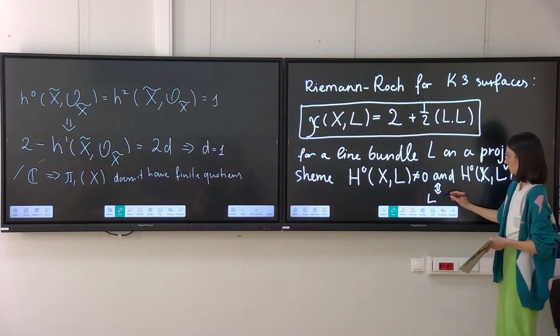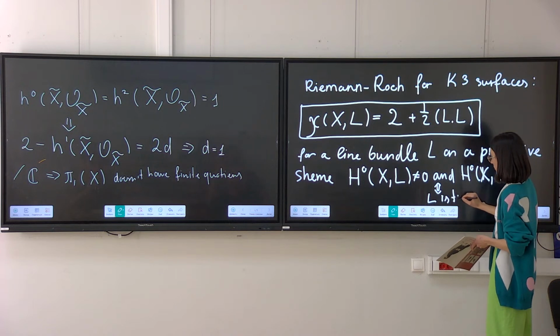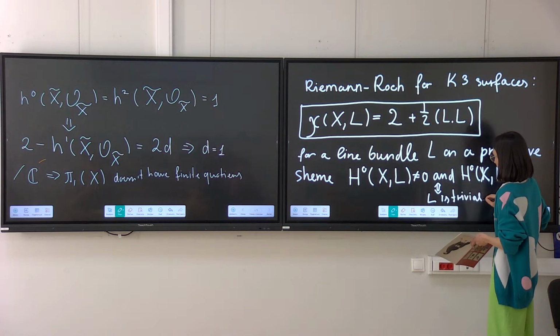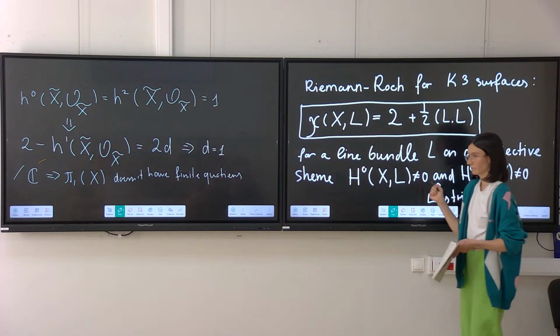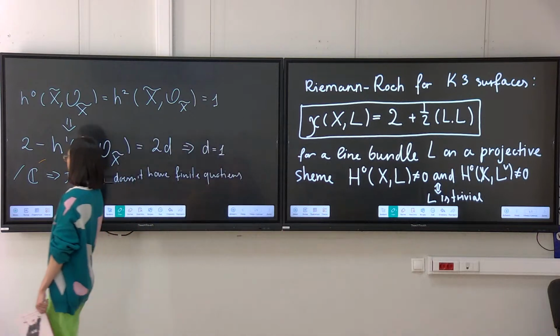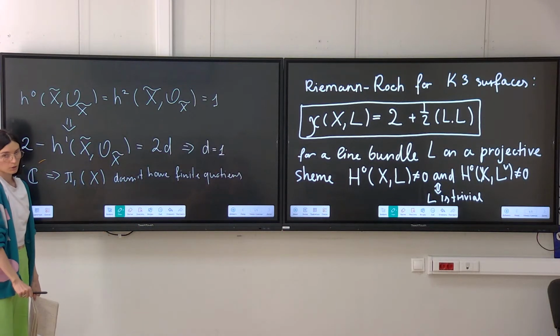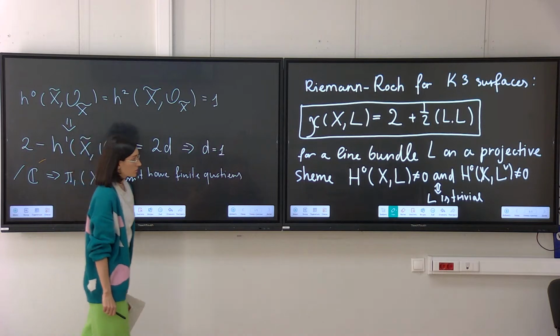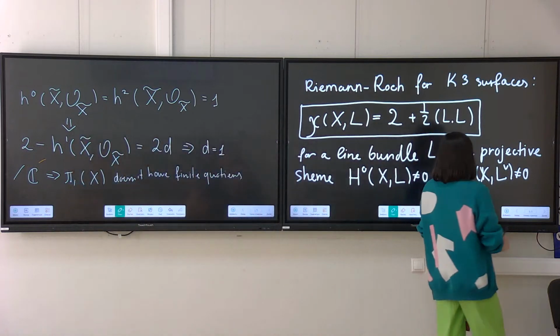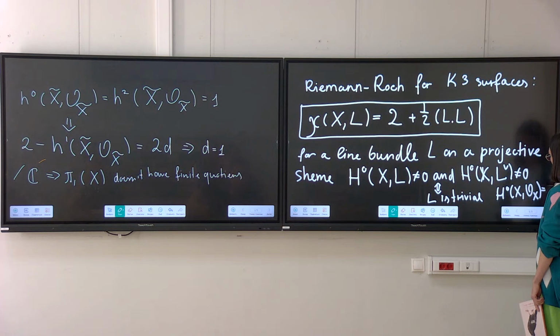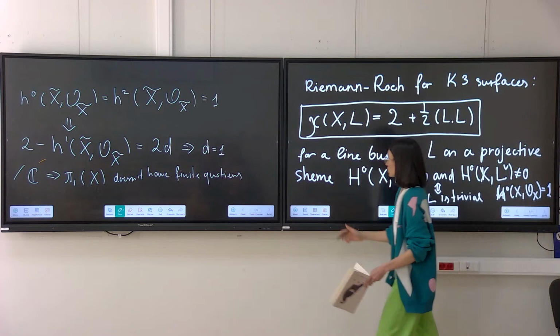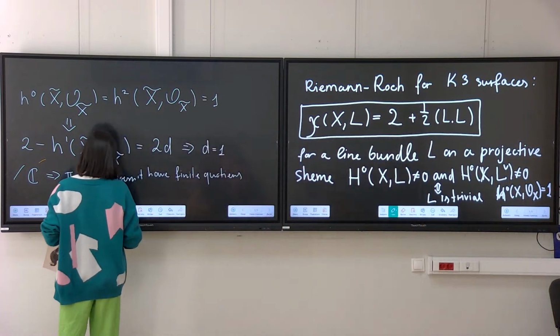No, it's just the structure sheaf. L is trivial. Note that, of course, we don't have this statement in the case of an affine manifold, right? So here we should ask projectivity. Okay? Proper is enough. So what we want is that to prove this statement, it's enough that the global sections will be just one-dimensional. Yes. So now, how can we use this observation?